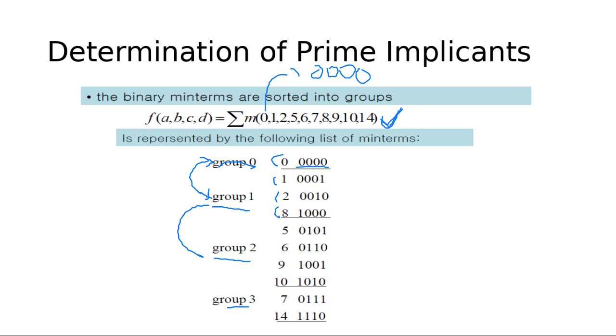We will use group 1, which means there is only one 1 in the expression. We will use group 2, there are two 1s in the expression. We will use group 3, there are three 1s in the expression. Okay, we learned how we group the numbers.